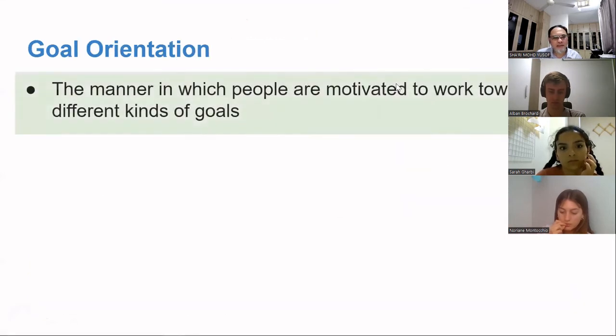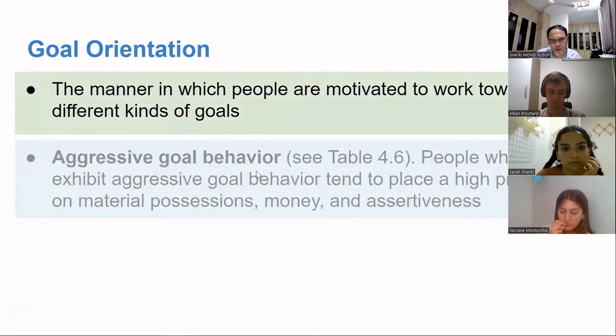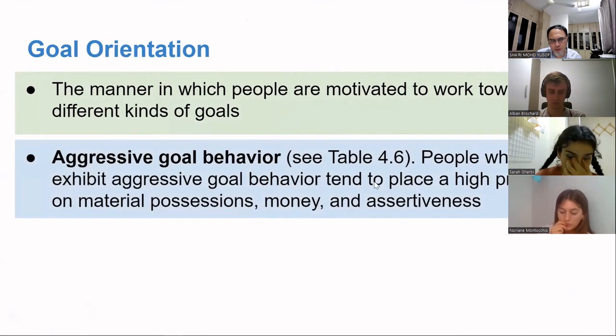Goal orientation is the manner in which people are motivated to work towards different kinds of goals. So you either have aggressive goal behavior. Aggressive goal behavior, you put a high premium on material possessions. Okay, wealth is more important than other things in life.